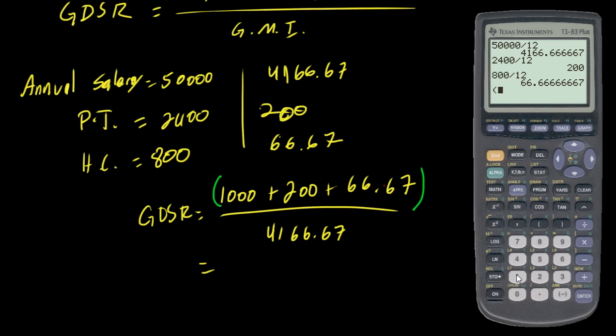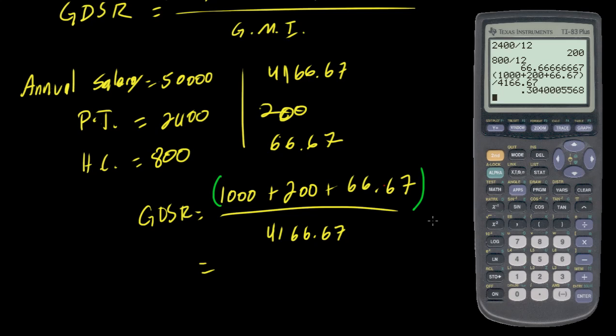Let's do a bracket. Let's do 1,000. Just make sure you don't miss any zeros in here. Plus 200, plus 66.67. Close that. I've got to divide by 4,166.67. I don't need a bracket on this one since it's just one term. We're going to times this by 100 as well.